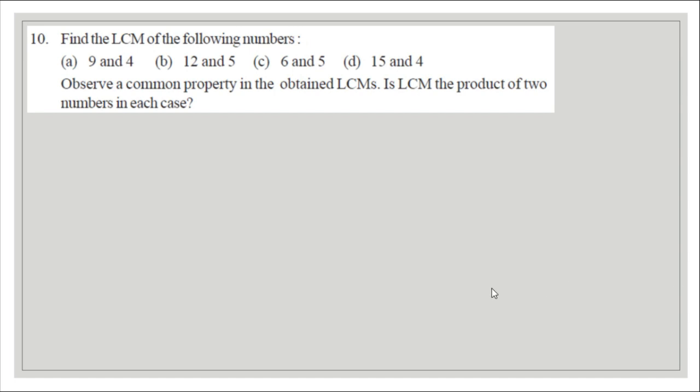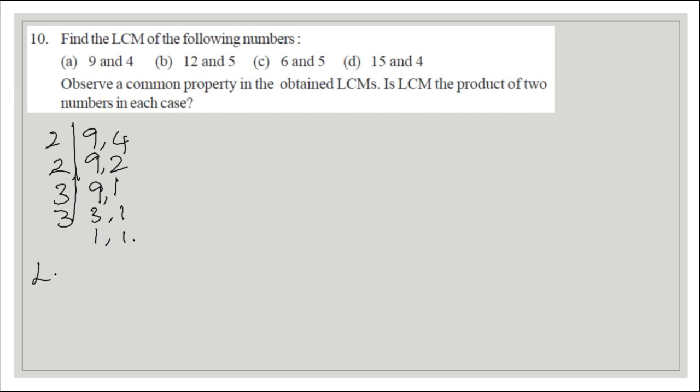Question 10. Find the LCM of the following numbers: 9 and 4. To find the LCM, I'll just follow this method. 9, 4, I'll divide. So 2 times, and 2 one time, 3 three times, 3 one time. Alright.